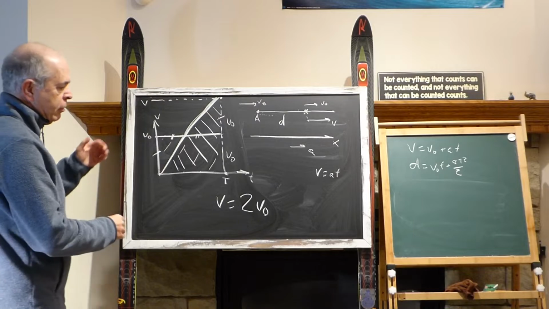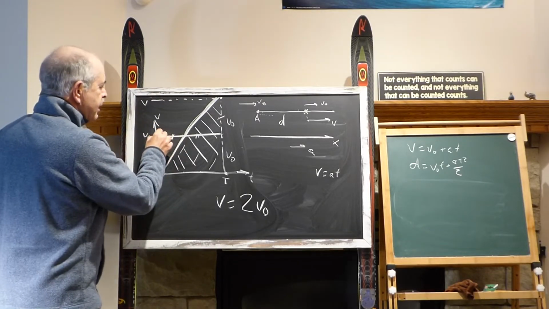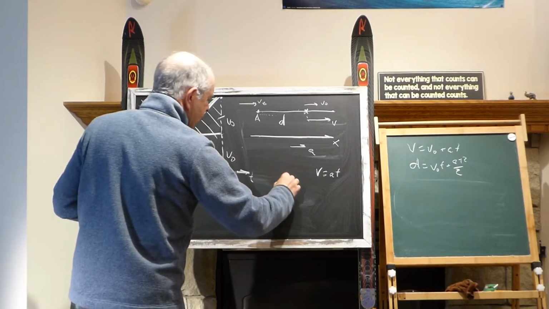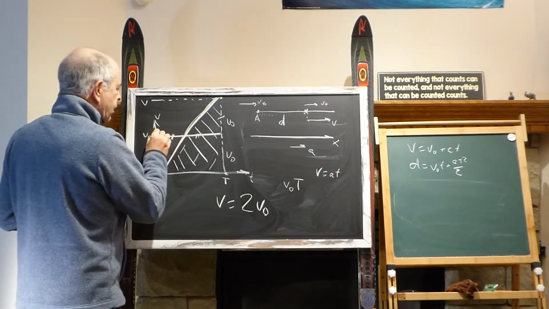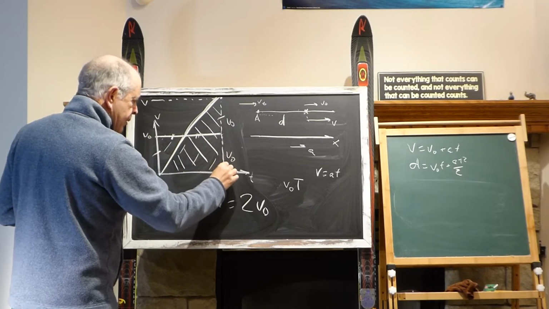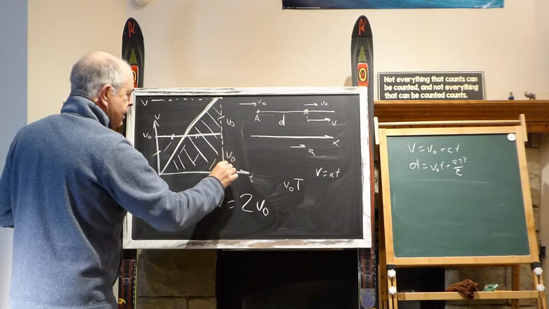But I forgot to mention another way of proving the same thing. The area of this rectangle is v0t. This is the height, this is the side, and multiplied together they give the area.